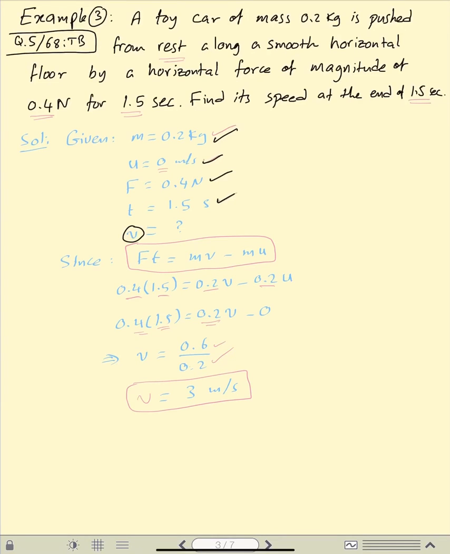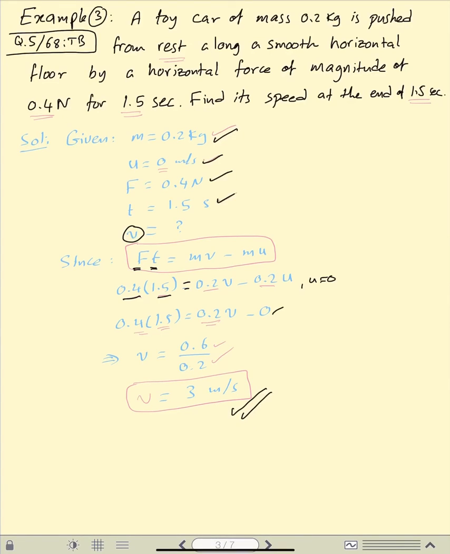By writing Ft is equal to mv minus mu, just by replacing the values. This is the idea in this question. By substituting the values given in the question, F is 0.4, T is 1.5 seconds, M is 0.2 times V minus 0.2 times U, U is 0, so this is 0, so 0.4 times 1.5 is 0.6, dividing by 0.2, you will get V is 3 meters per second.